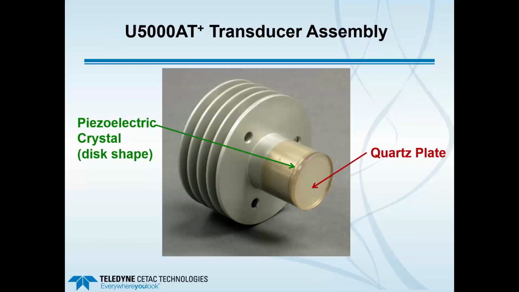Here is a close-up of the transducer, which actually generates the aerosol. The piezoelectric crystal is sort of a tan-colored disc, and that's pointed out by the green arrow. Mounted on top of that is a quartz faceplate, and the sample solution will then be pumped and flow across that plate.